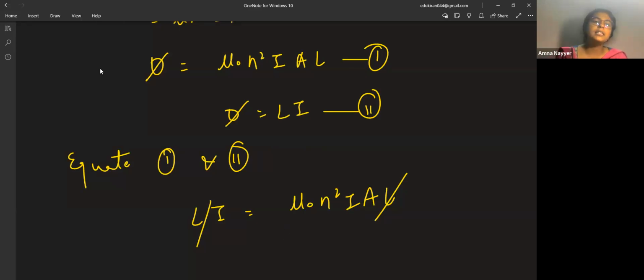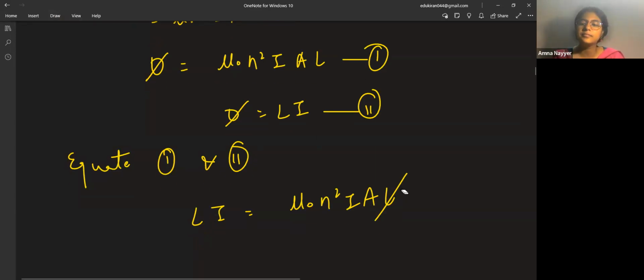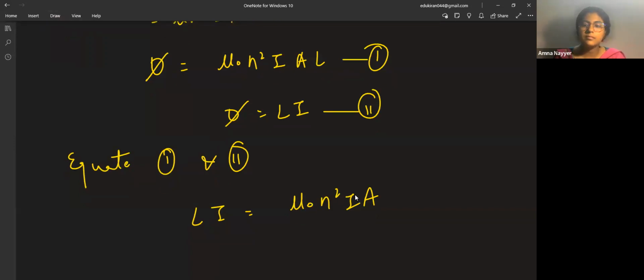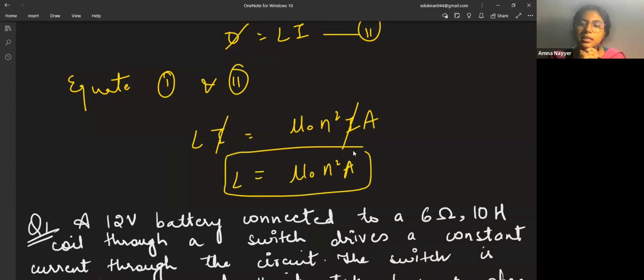Current will be cancelled. So we have the value of L with us. L is equal to mu naught n square A l. This is the value of self-inductance that we'll be using.